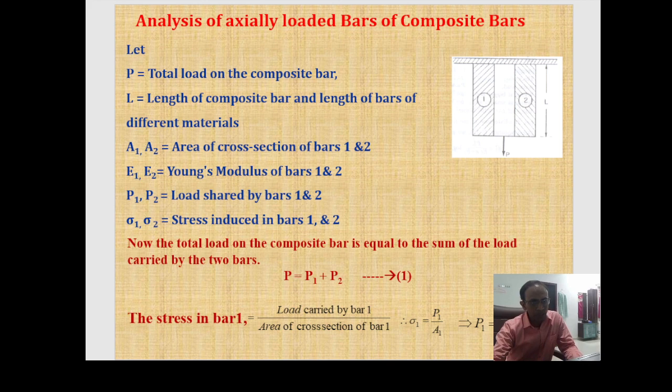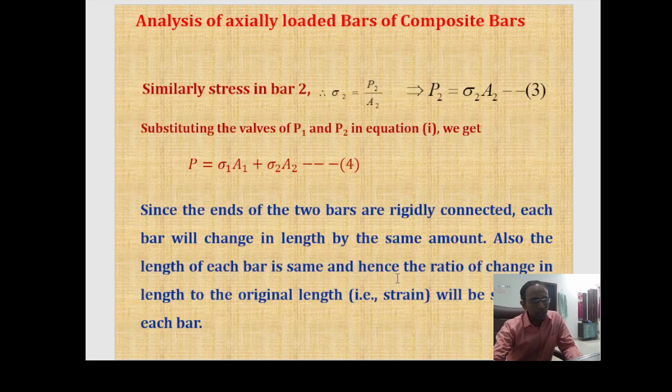Here the cross-sectional area is known to us, right? Similarly, the stress in bar 2, we can transform into stresses and areas. So ultimately the equation transforms like this: P equals sigma 1 A1 plus sigma 2 A2, right?